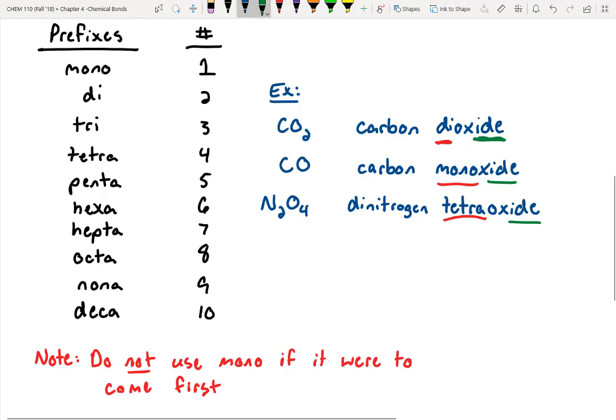Let's try a few more. Let's do P4S3. So first half would be what? Tetraphosphorus. So we do need prefixes in these two situations because they're not mono. All right, and then the last half, what does S stand for? Sulfur. All right, we've got 3 of them.